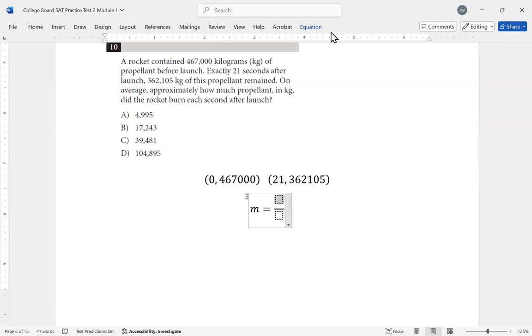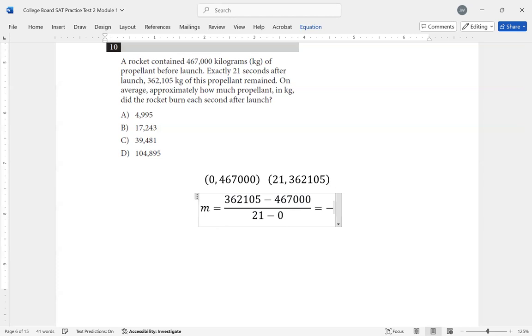So I'm going to see the difference between these 2 fuel amounts. And since it was over a time span of 21 seconds, I'm going to divide by that 21. Now, if you do this in terms of the actual slope of a line, you'll get a negative number because the amount of fuel is going down. But that's perfectly fine.